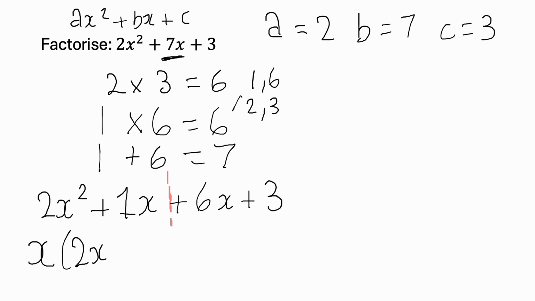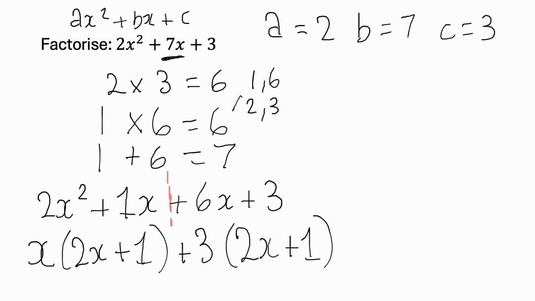And x times what makes x? That's 1. On the right hand side, we factorise again. What do 6x and 3 have in common? They have positive 3 in common. 3 times what makes 6x? That's 2x. And 3 times what makes 3 is 1.